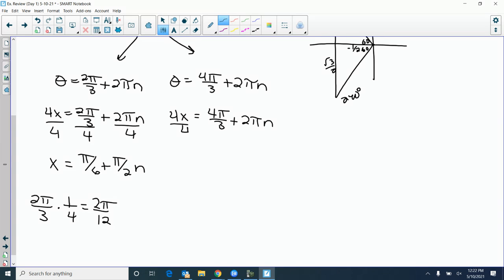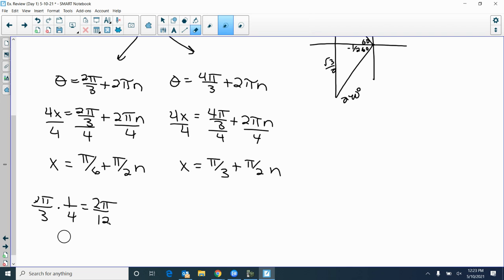Divide everything over here by 4, and I get x equals 4 pi over 3 divided by 4 is 4 pi over 12. If you just take a second and look at it, it'll reduce to pi over 3 plus pi over 2n.